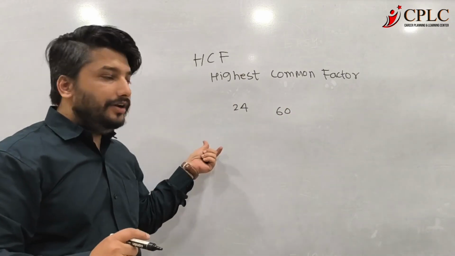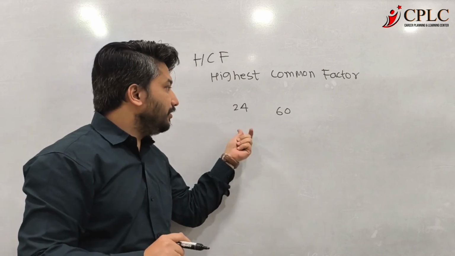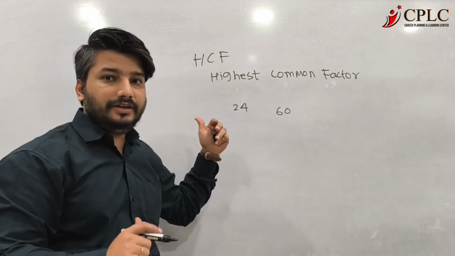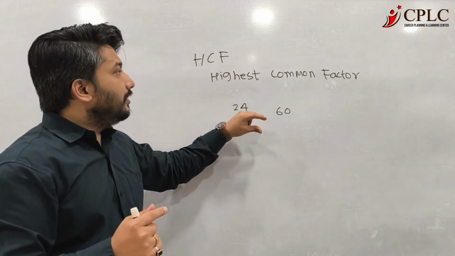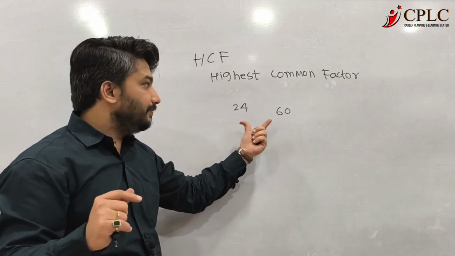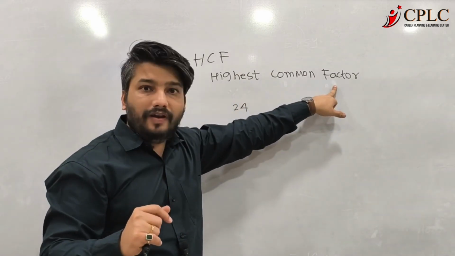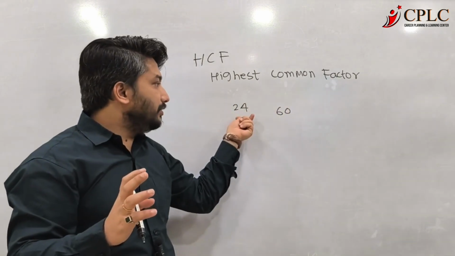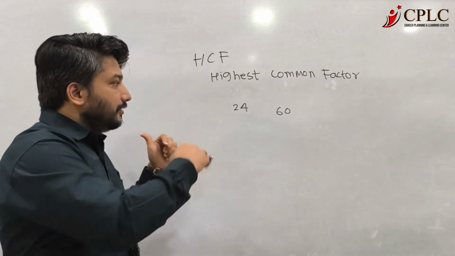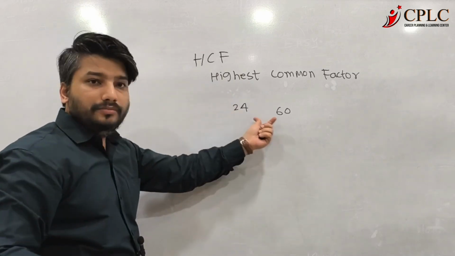What we did earlier was we initially factorized each one of them individually, and then we took the common ones. Now what we will try to do is figure out the factors together for both of them. As we discussed, a factor is something which will divide both numbers completely. So let's start dividing these both numbers.